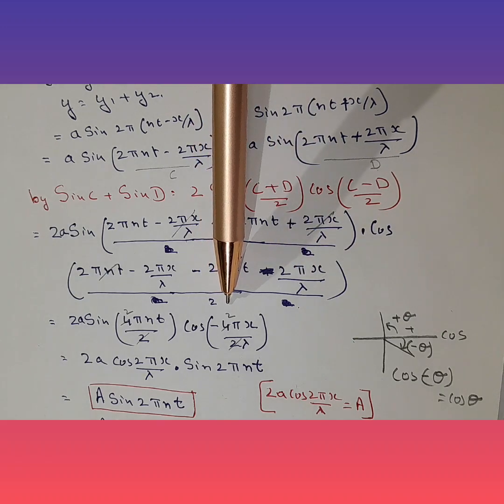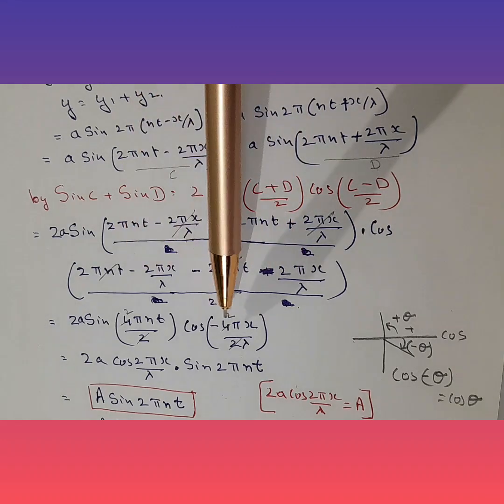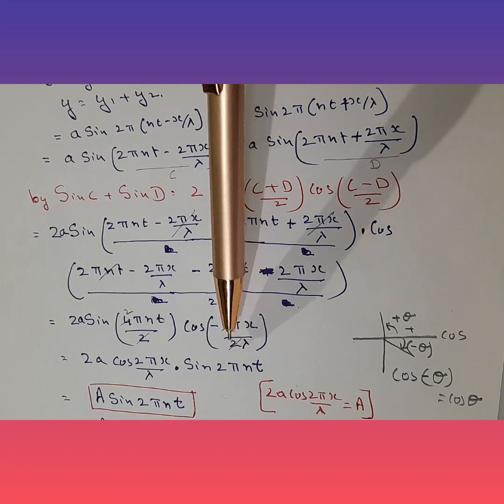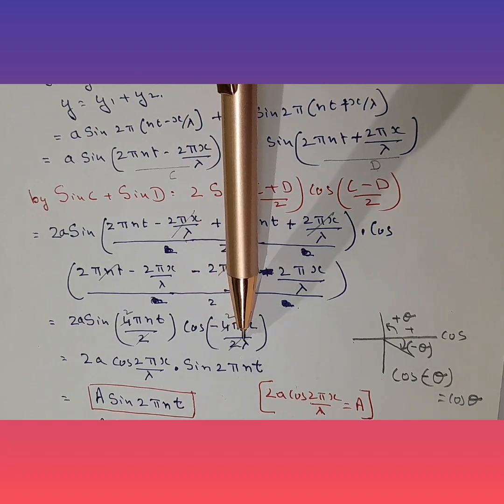Minus and minus give 4πx over 2λ, the 2 and 4 cancel to give 2 over here. Now cos(−2πx/λ).